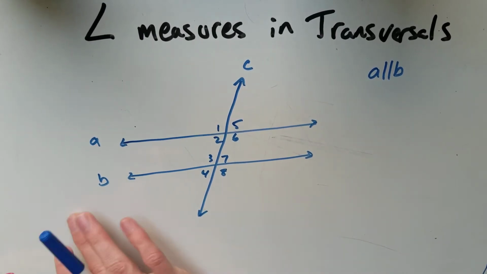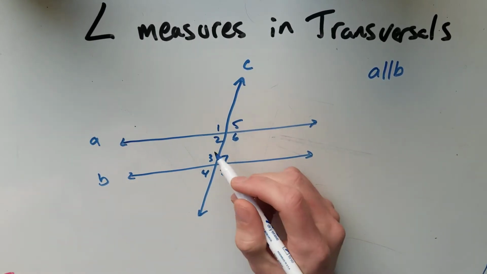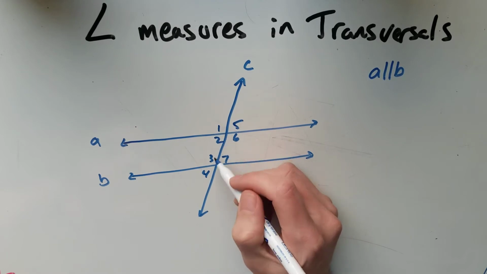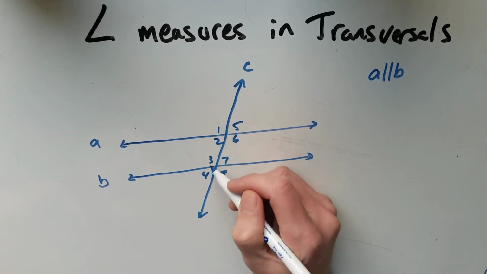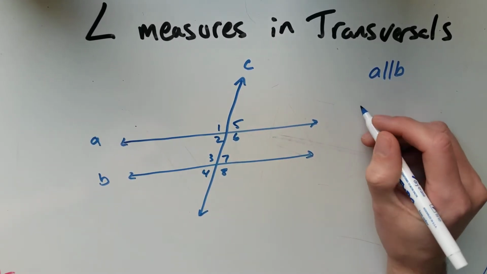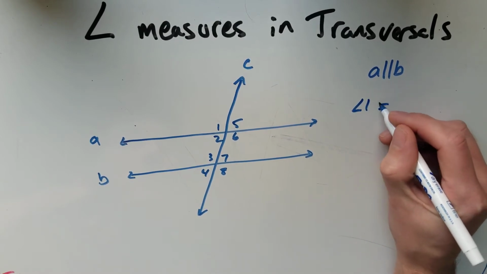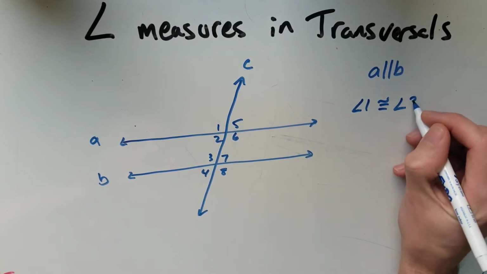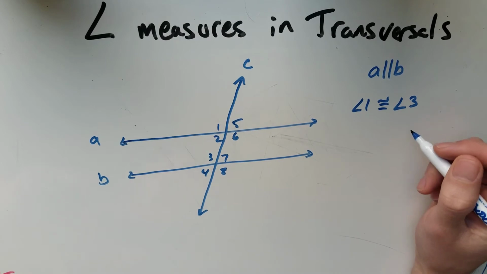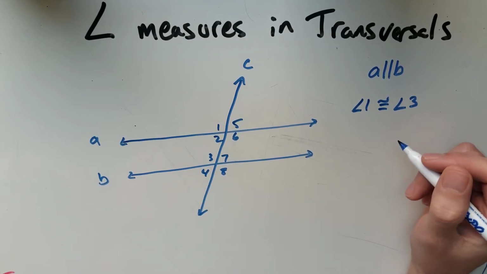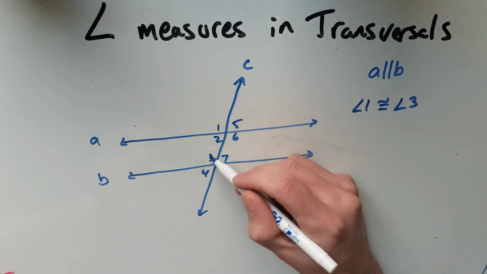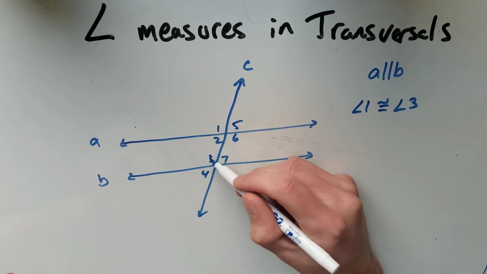But if we look into the relationships now, that would mean that angle 1 and angle 3 are the same angle, they're going to be congruent to each other. Angle 1 is, we use the symbol, congruent to angle 3. If we think of the special pair that they are, these are corresponding angles.